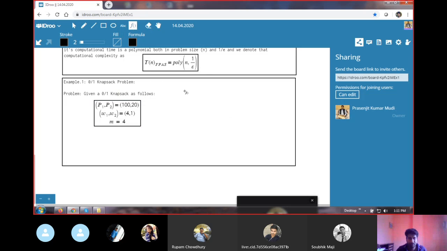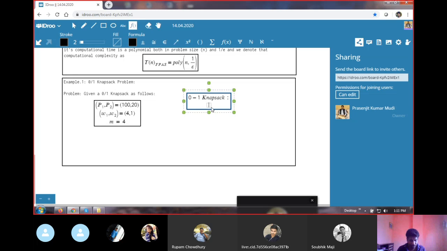We know that for 0 by 1 knapsack, we have to find an optimal solution, optimal vector of xi's.